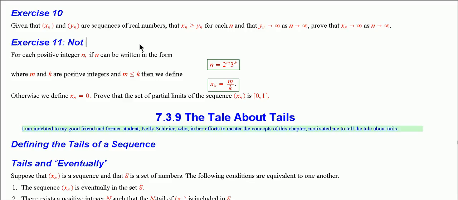Give me a moment. Okay. Please note, number 11 not assigned, okay? And if you're not struggling in the course, do it anyway. It's a very good problem. It's a sequence that has tons of partial limits. It's a beauty, actually.